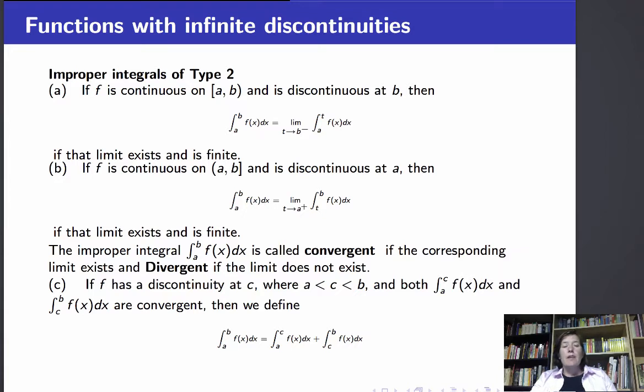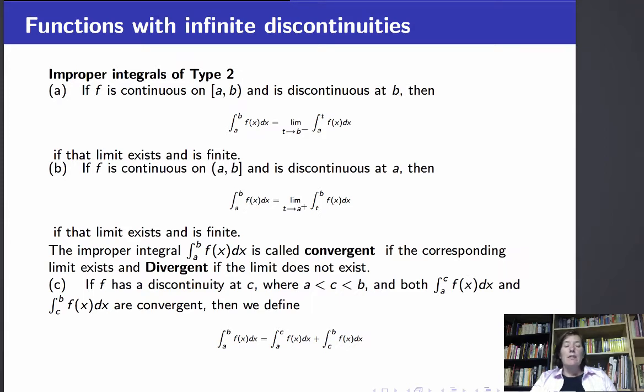If f has a discontinuity somewhere in the middle of a closed interval from a to b and is otherwise continuous, and if both of the integrals from a to c of f of x and c to b of f of x, as defined above, are convergent, then we say that the integral from a to b of f of x dx is convergent and equals the sum of the integrals from a to c and from c to b.